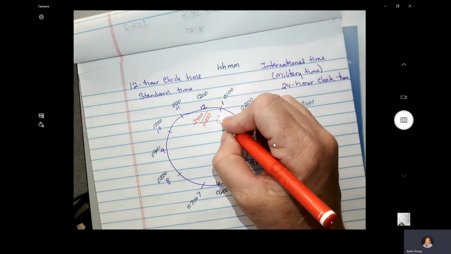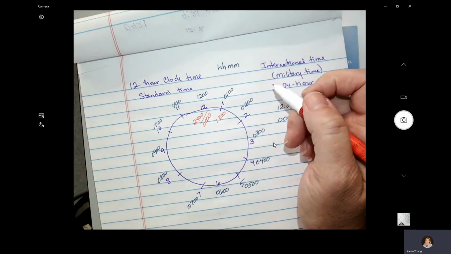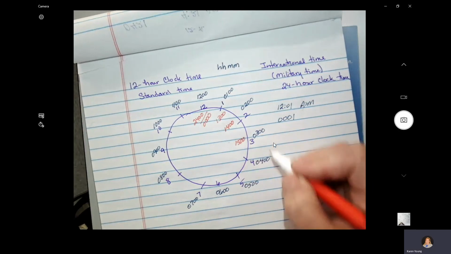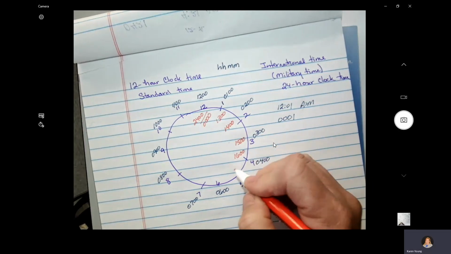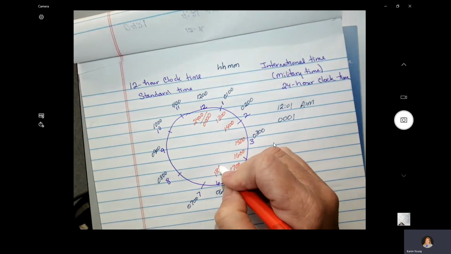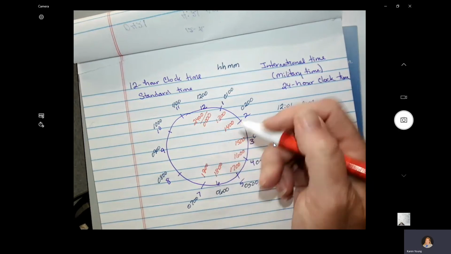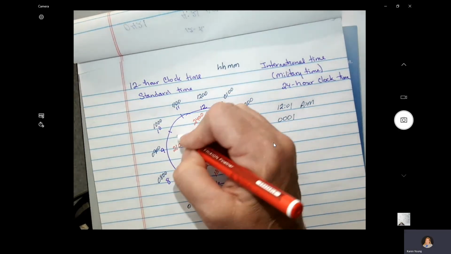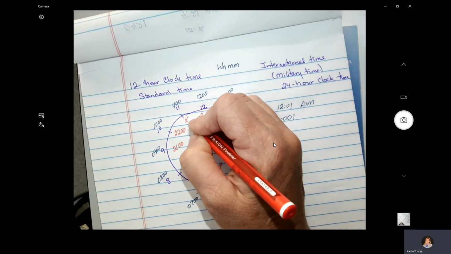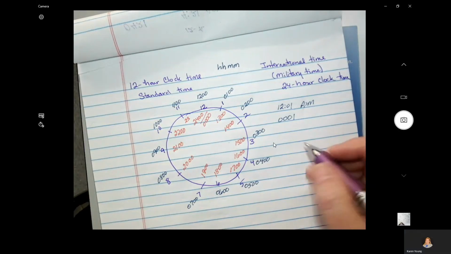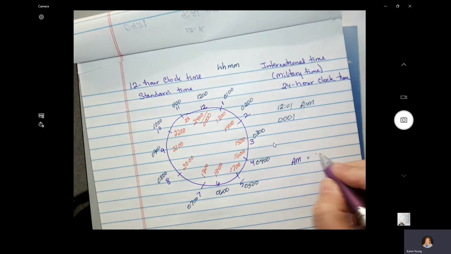So 1 p.m. is 1300, because 12 plus 1 gives me 13. 2 p.m. is 1400, 3 is 1500, 4 is 1600, 5 is 1700, 6 is 1800, 7 is 1900, 8 is 2000, 9 is 2100, 10 is 2200, 11 is 2300, and then midnight is 2400.